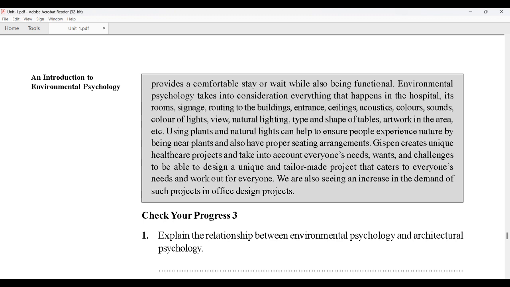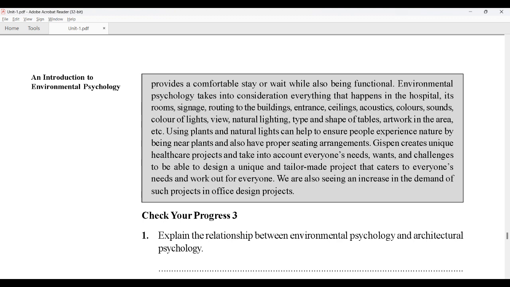Environmental psychology takes into consideration everything that happens in the hospital: its rooms, signage, routing to the buildings, entrance, ceilings, acoustics, colors, sounds, color of lights, view, natural lighting, type and shape of tables, artwork in the area, etc.